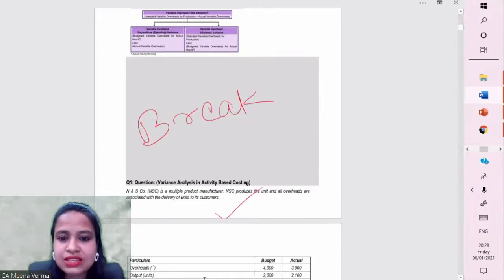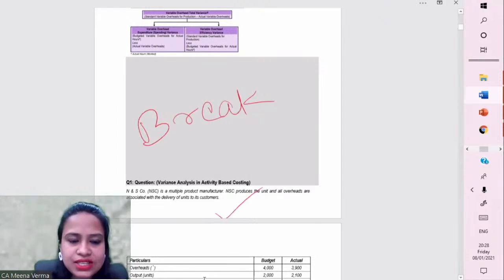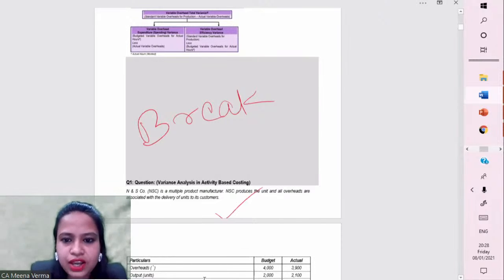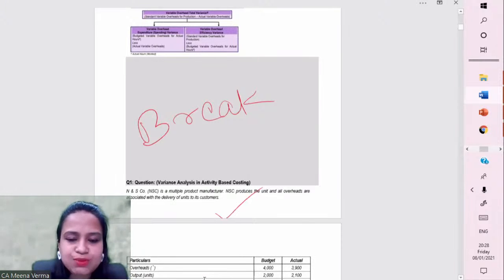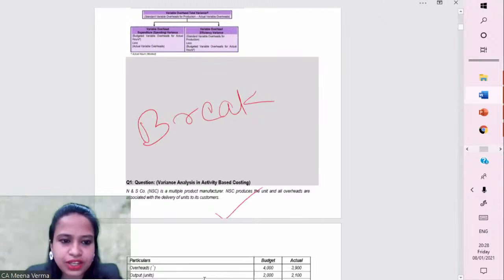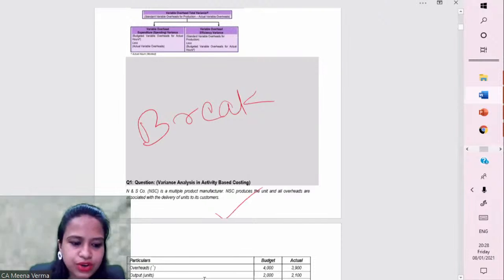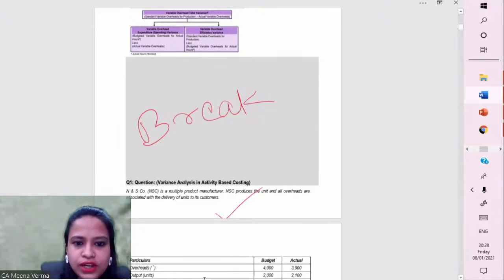It produces the units, and all overheads are associated with the delivery of the units to the customer. We are given the budgeted overhead, the actual overhead, the budgeted output, the actual output, and the number of customer deliveries. In this question, you have to calculate the efficiency variance and the expenditure variance.